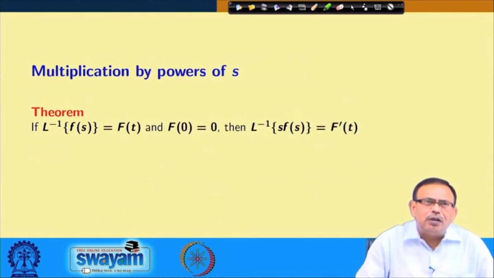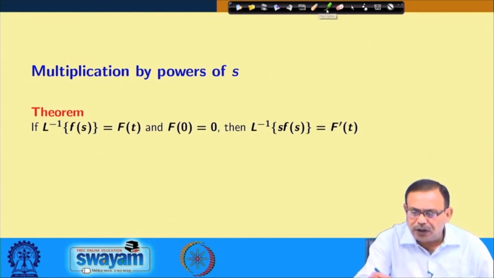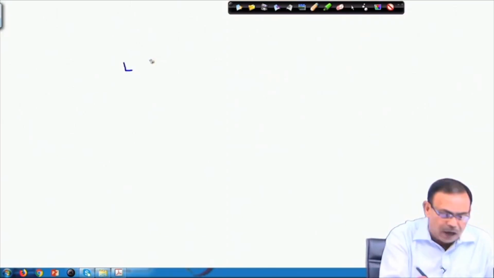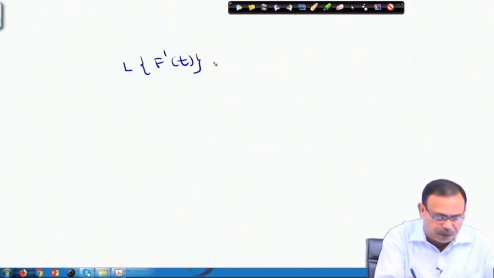Now, let me do one more thing, multiplication by power of s. If the Laplace inverse of F(s) equals f(t) and f(0) equals 0, then the Laplace inverse of s F(s), if you multiply the function F(s) by s, will be the derivative of the function, that is f'(t). Again we are using the properties of Laplace transform.